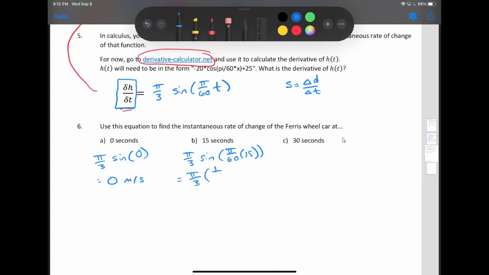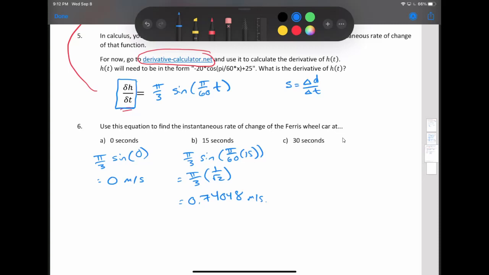1 over root 2. And if I pull out my calculator, pi divided by 3 times 1 divided by root 2 equals 0.74048. So that's where we got the meters per second, 0.74 meters per second before.